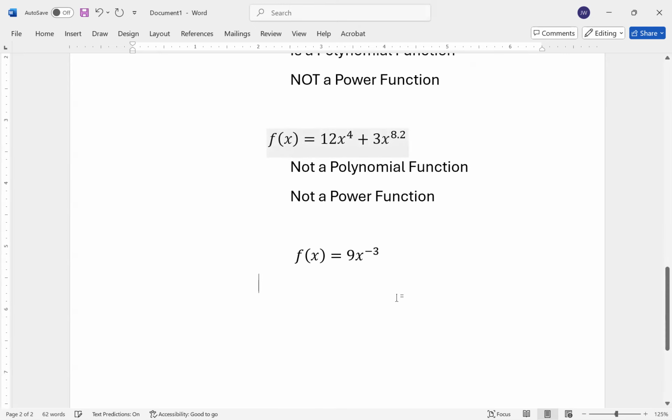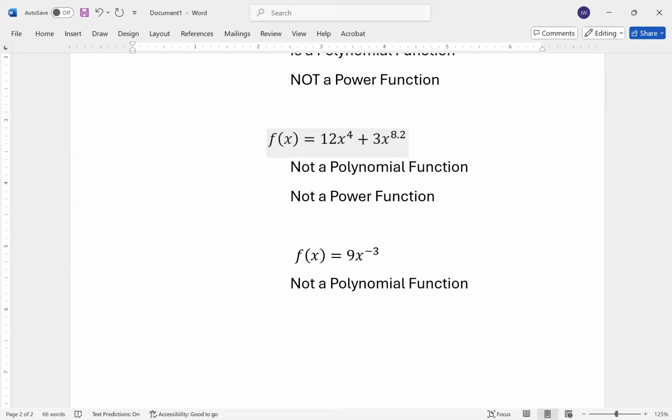This last function is not a polynomial function because the exponent is -3. We need whole number exponents. -3 is not a whole number. It's an integer, but it's not a whole number.